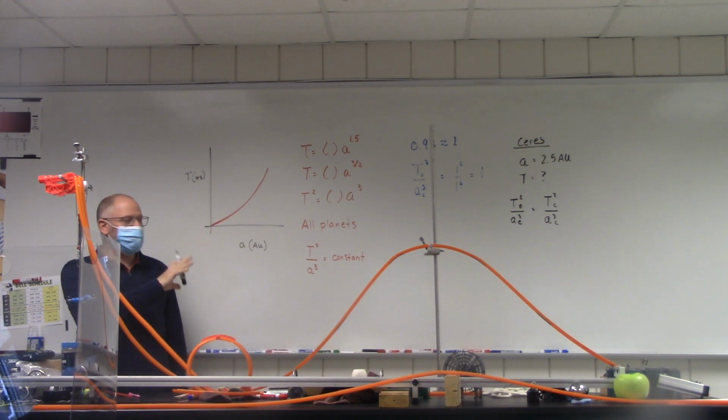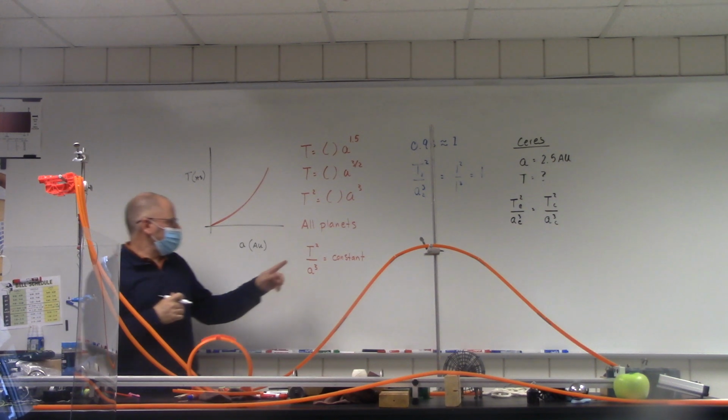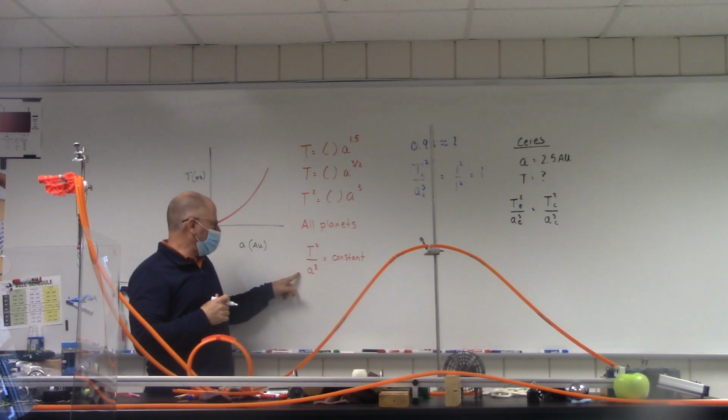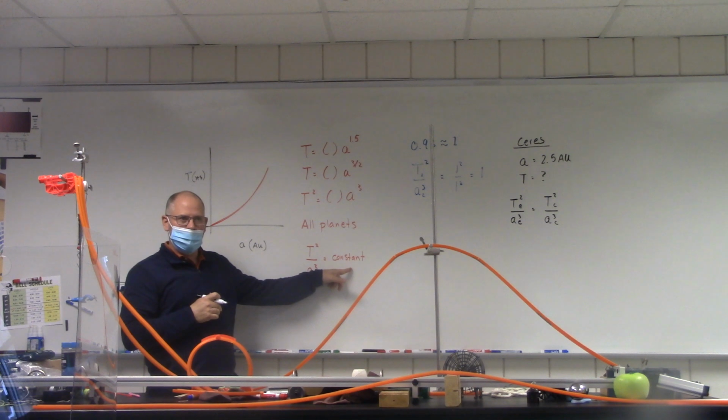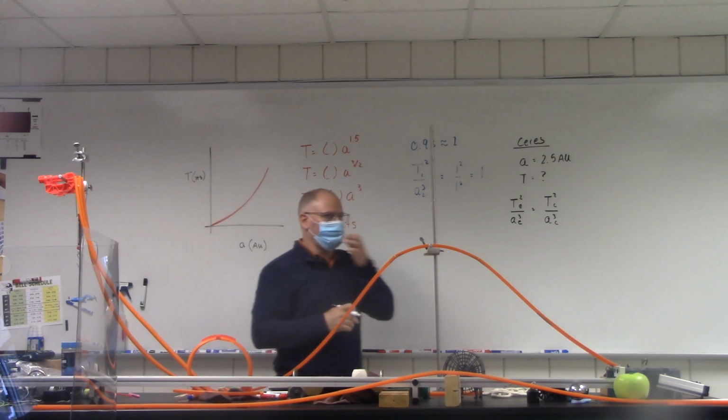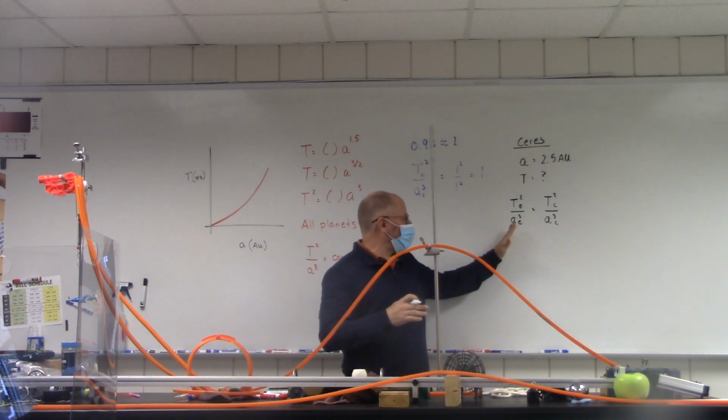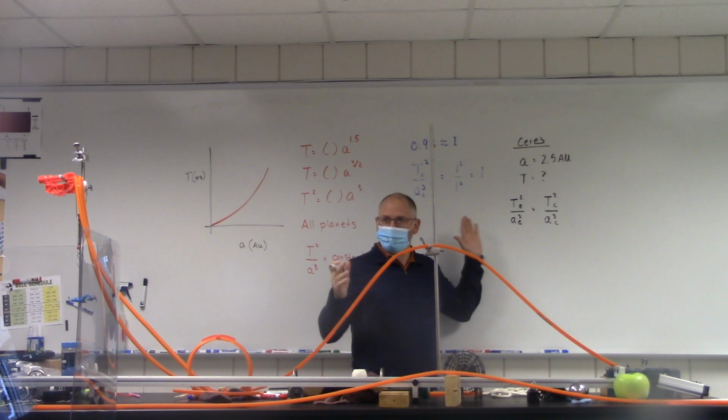Do you see how that expression makes sense? Because if t squared over a cubed is a constant, then regardless of what planet or body you put in there, they should be equal.